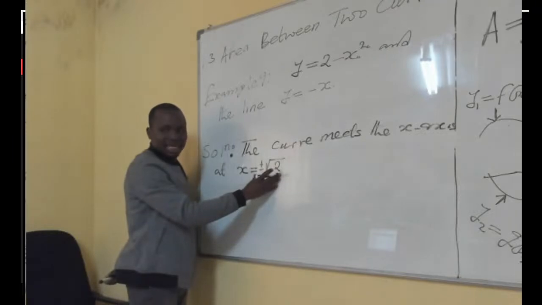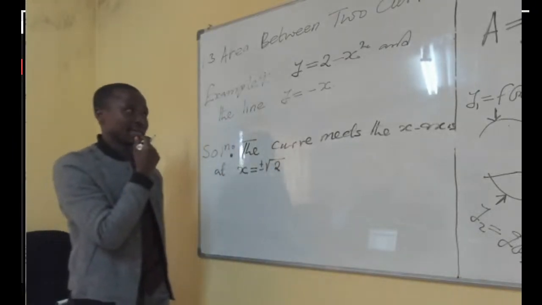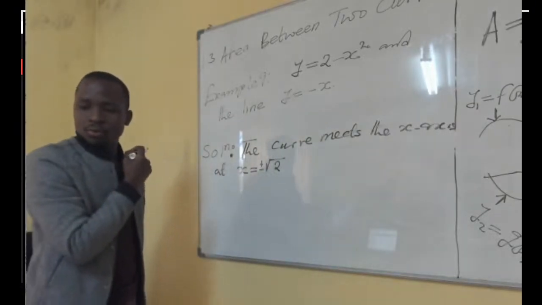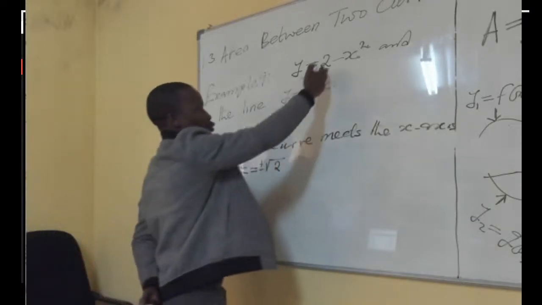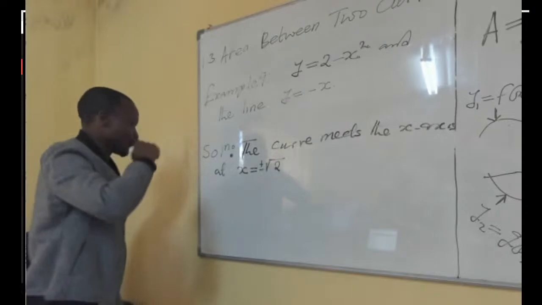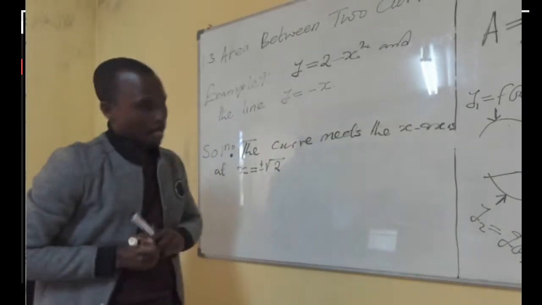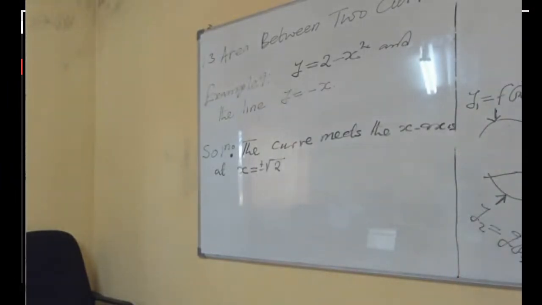So these are the points at which it meets the x-axis. Then what will be the turning point? The turning point will occur when x is equal to 0. So when x is equal to 0, the turning point will be (0,2). Now let me sketch it from here, and I leave the other part for solving.